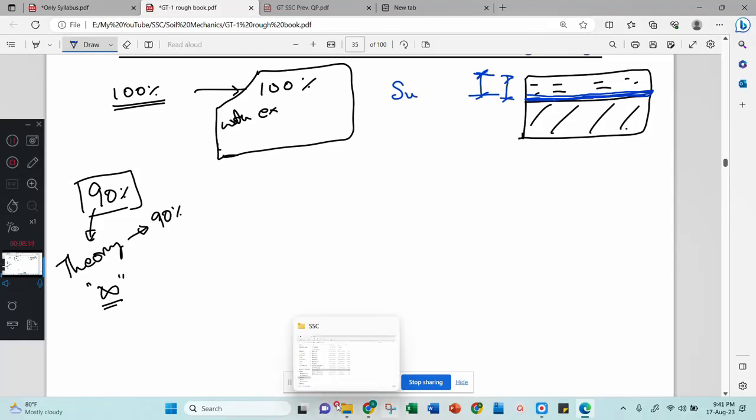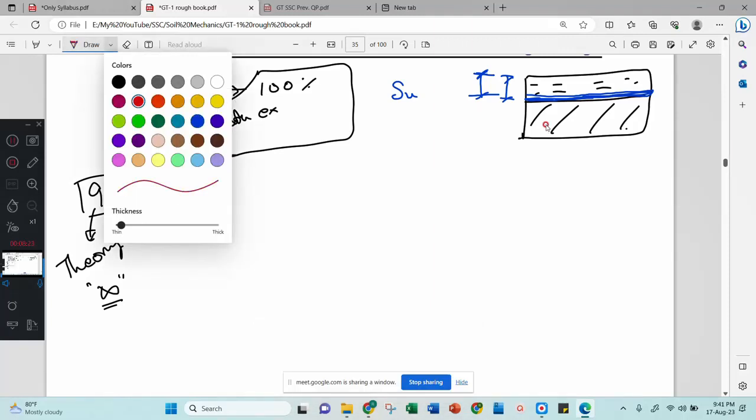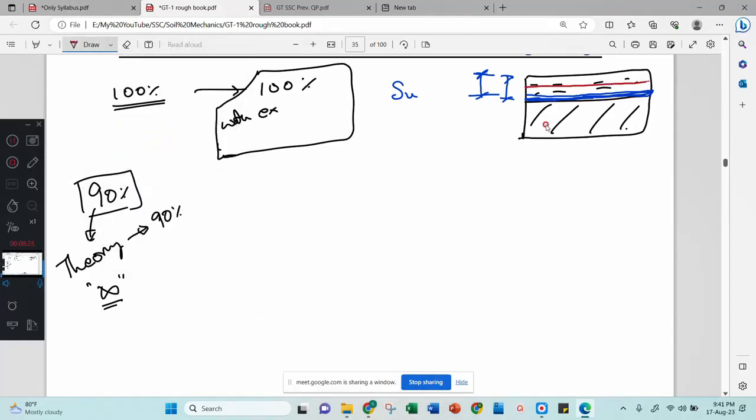Settlement at any time may be marked like this with a red line. Look at it, settlement at any time is marked here. This is your St. St is the settlement at any time and Su is the ultimate settlement. By using these two terms I can express degree of consolidation, that is St divided by Su.